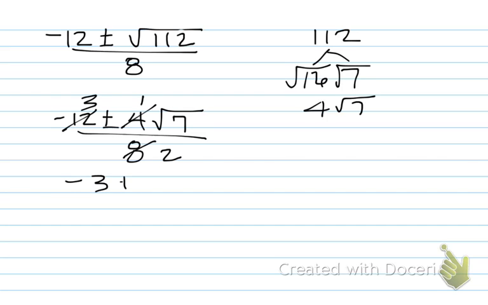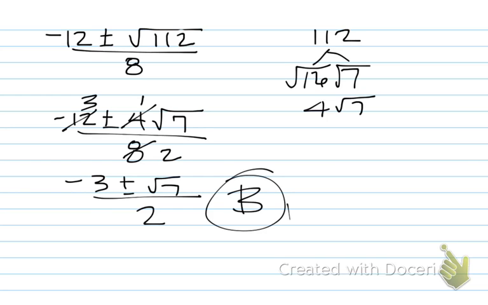Notice 4 will go into itself once, into negative 12 3 times, and we can simplify that expression. And we see what the potential complex roots, or irrational roots, of that particular polynomial are. Negative 3 plus root 7 over 2 and negative 3 minus root 7 over 2.